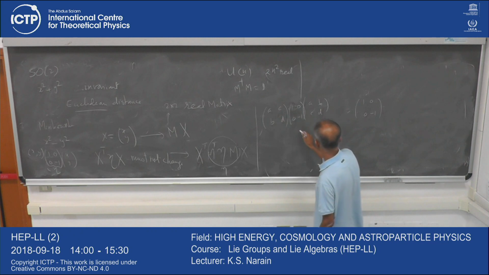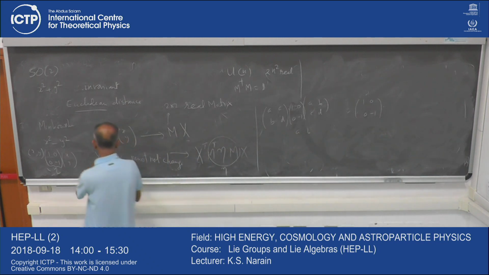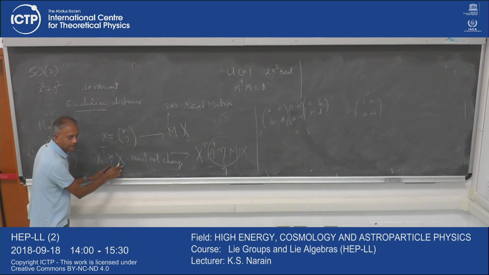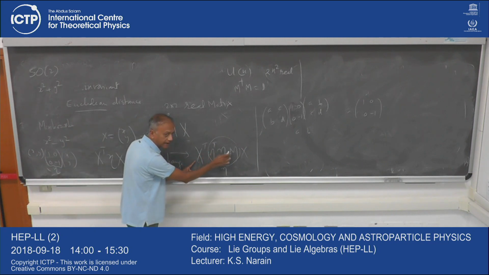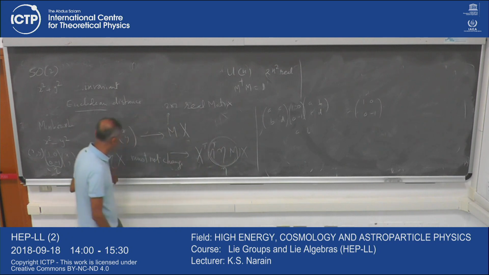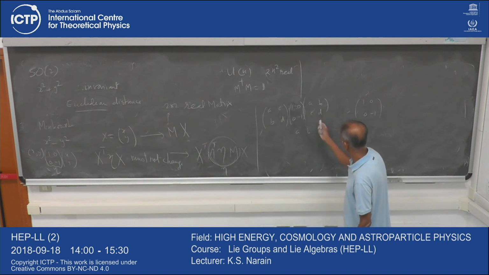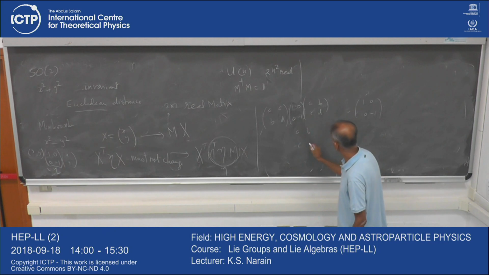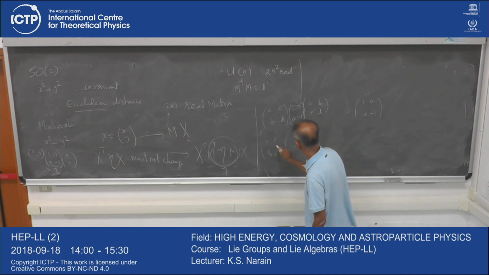So just open this up. Not the identity, because, you see, the original thing was x transpose eta x. Now we have x transpose m transpose eta m x, right? So this better be equal to eta to reproduce the original thing. So we have a, b, c, d, one has to work it out, minus d, and then multiply a, c, b, d.